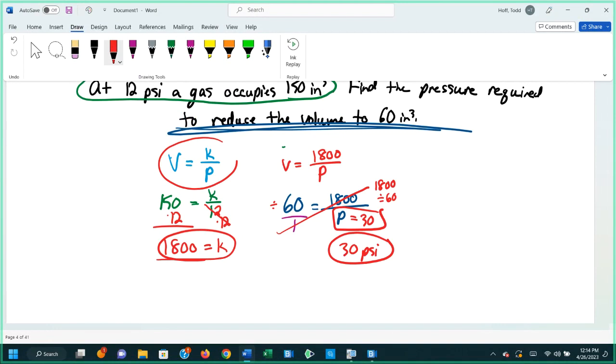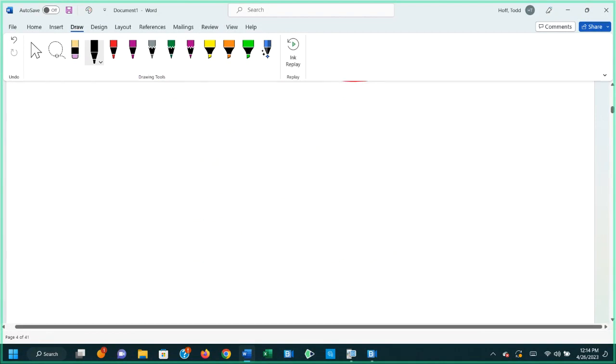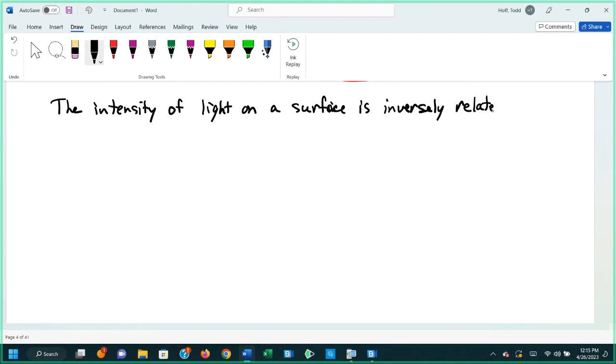Another inverse related problem. Back to light intensity. The intensity of light on a surface is inversely related to the square of the distance from the source.